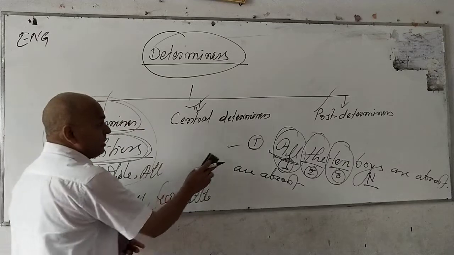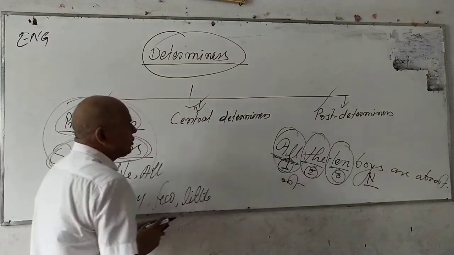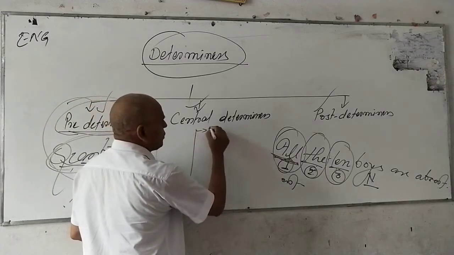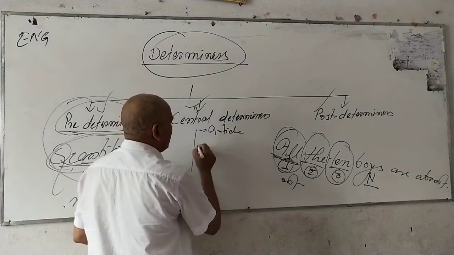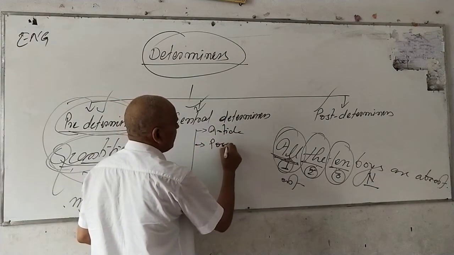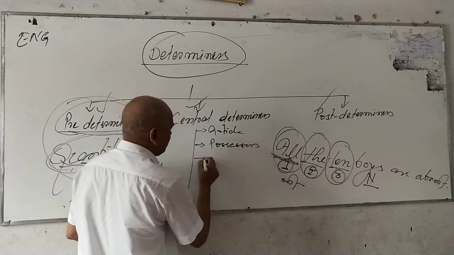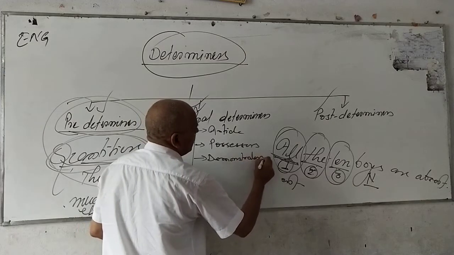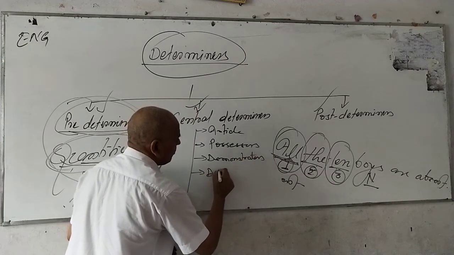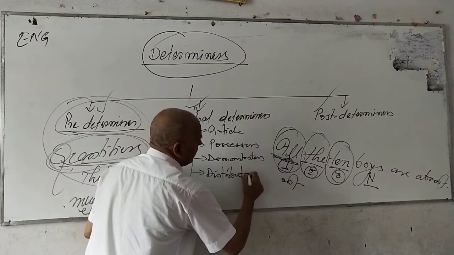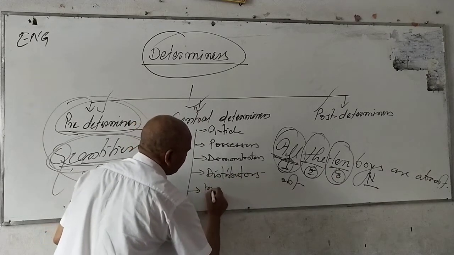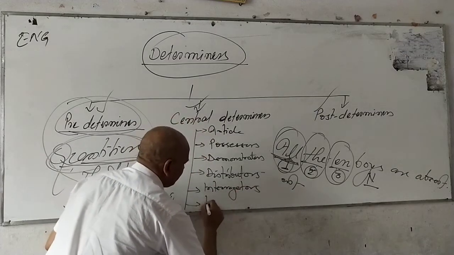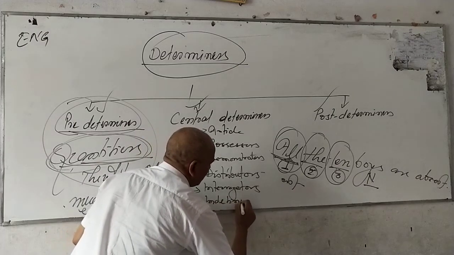Now again we shall come to the types of central determiner. Central determiners are of 6 types. First we put article, possessors, demonstrators, distributors, interrogators, indefinitors.